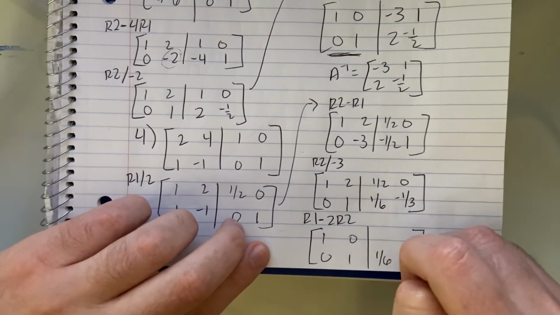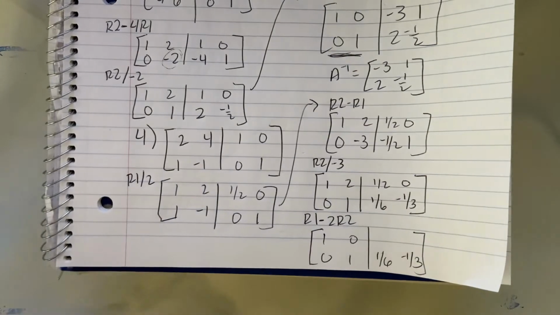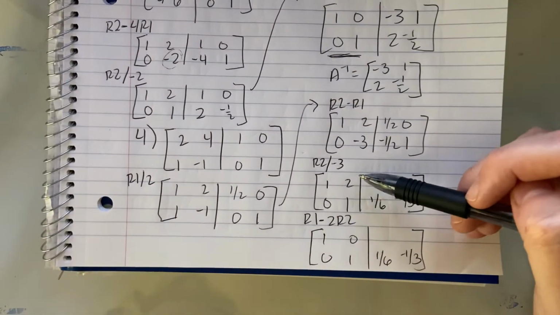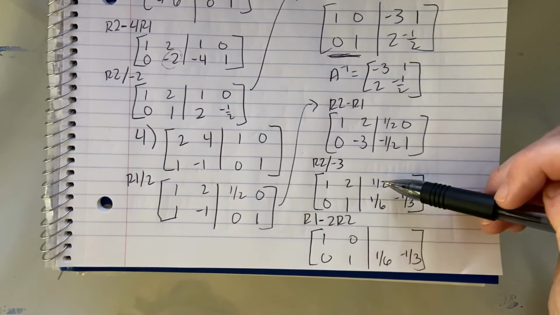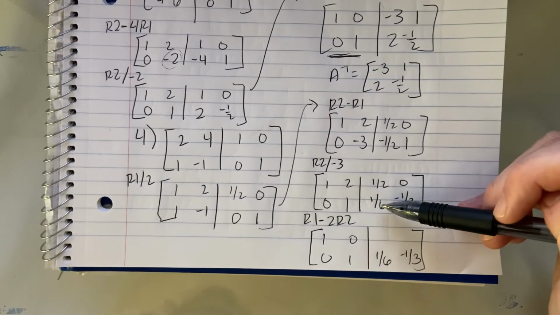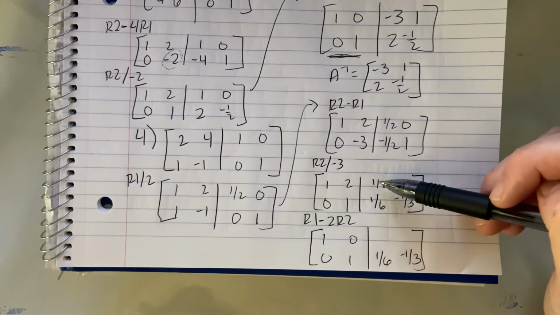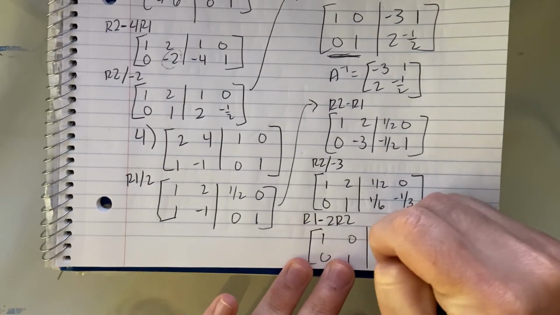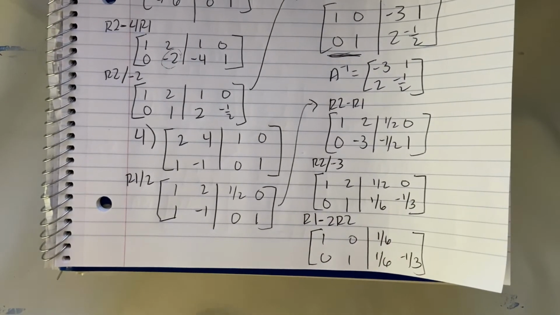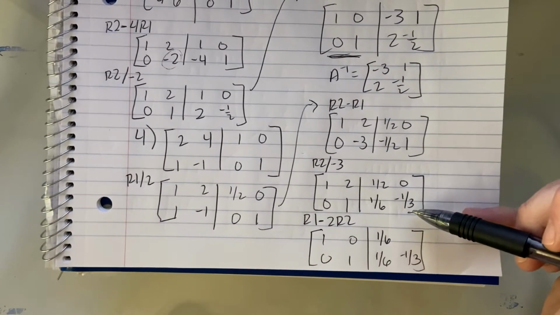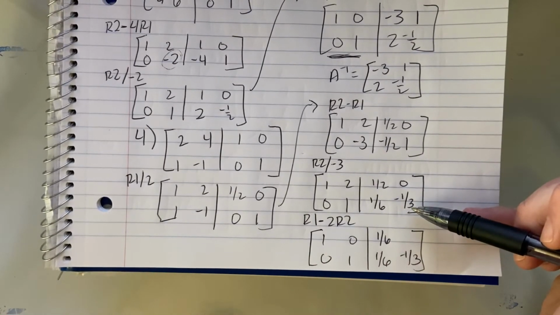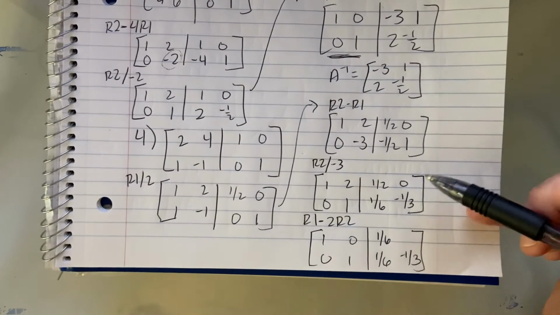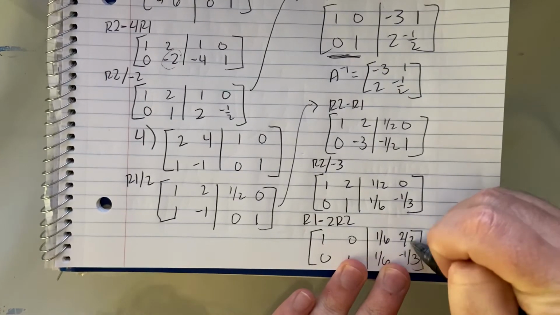Again, this bottom row is not going to change. Okay, so row 1 minus 2 row 2 is 1/2 minus 2 times 1/6. That'd be 3/6 minus 2/6, which is 1/6. 0 minus 2 times negative 1/3. So 0 minus negative 2/3 is positive 2/3.